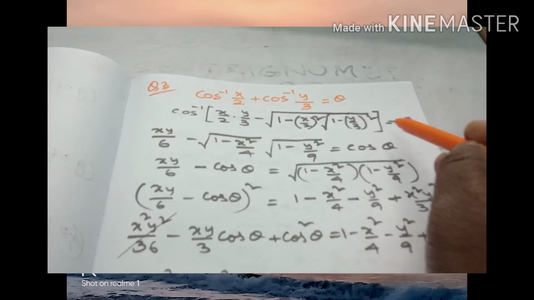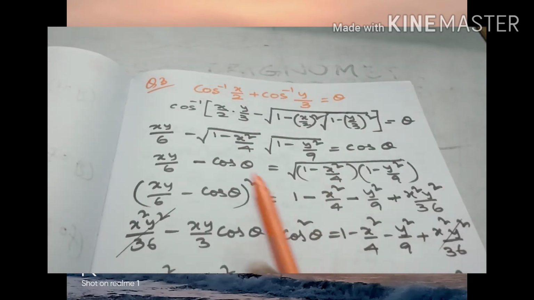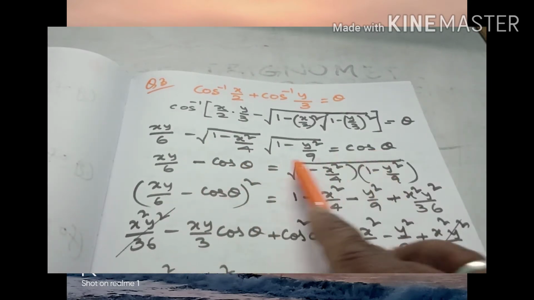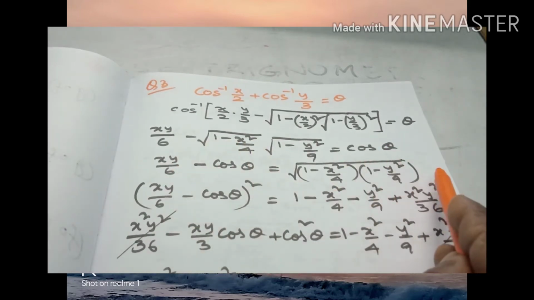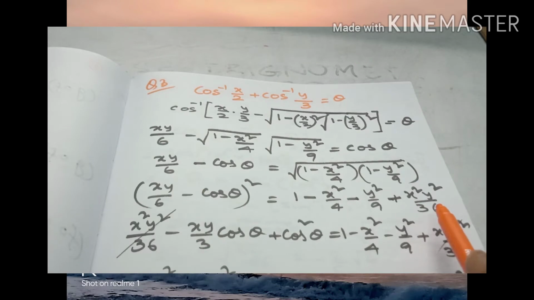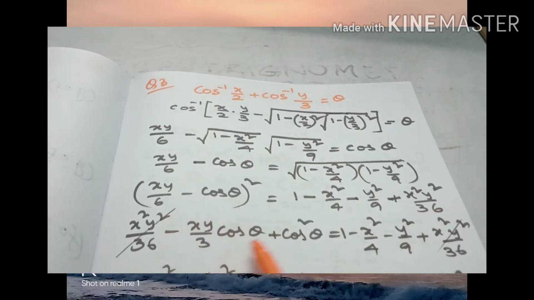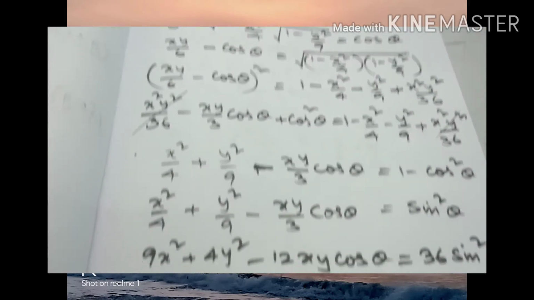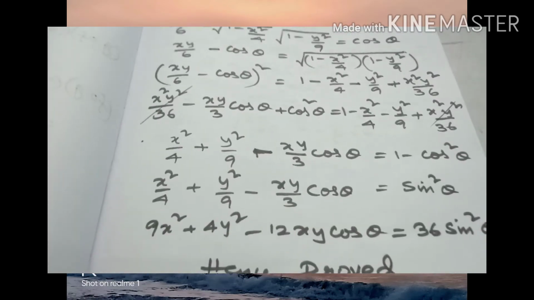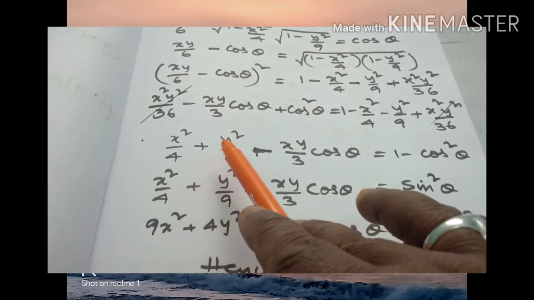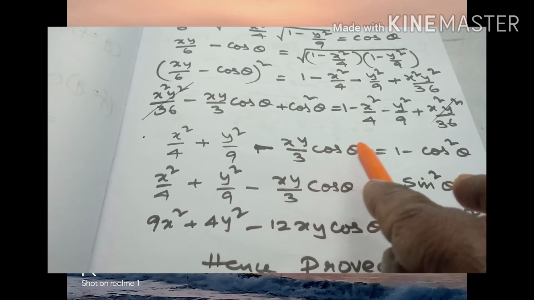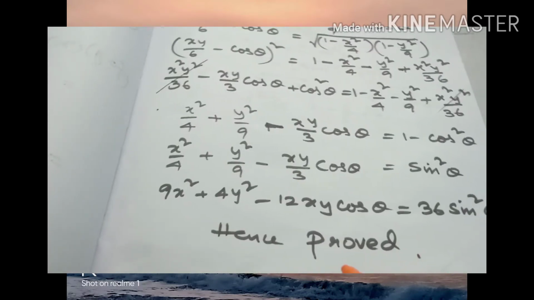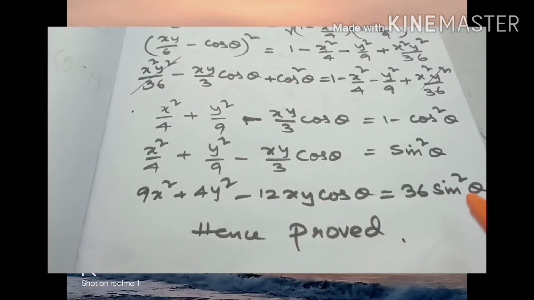Now cos inverse is taken that side, and finally cos theta is taken this side, and this root term is taken the other side. Squaring both sides. On squaring both sides and simplifying, we get x square by 4 plus y square by 9 minus xy by 3 cos theta, and so on, and then finally we get the required proof.